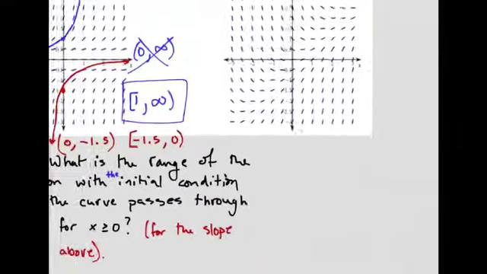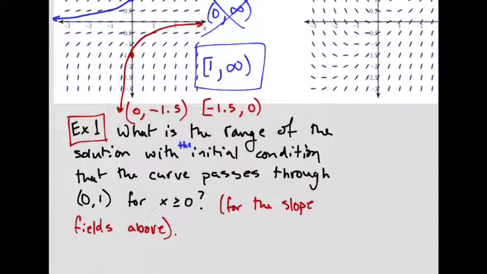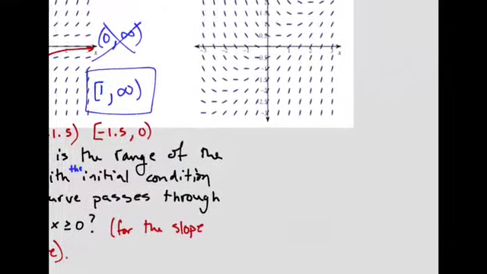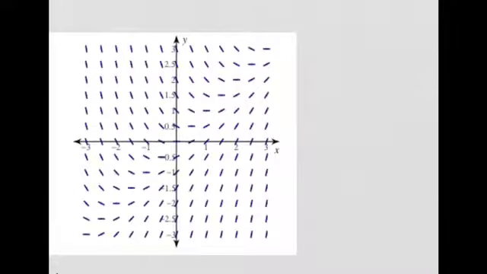So let's think about this one. What is the range? So let's look at the original. If this was the condition, that would be the range. What is the range of the solution with the initial condition that the curve passes through (0, 1)? So let's just do that one, (0, 1). And it looks like this is a weird one. I don't actually recognize this one as easily.